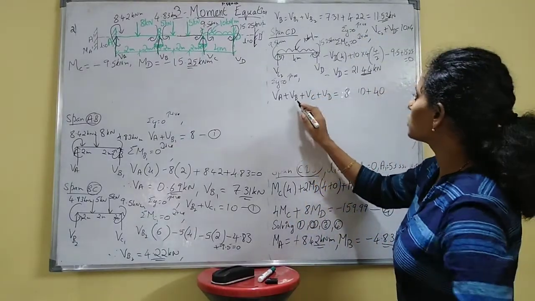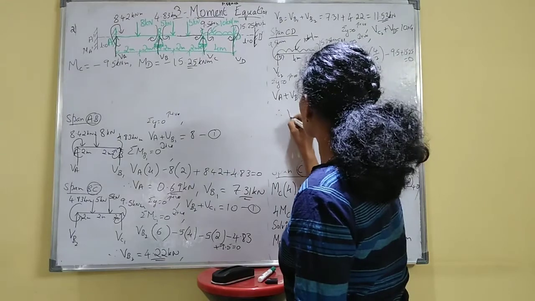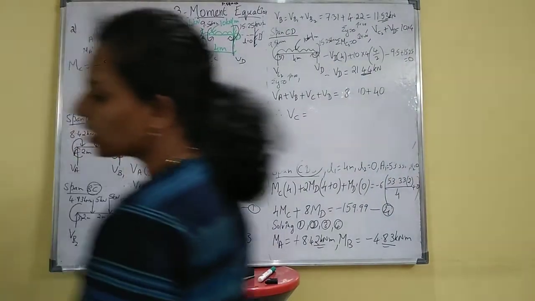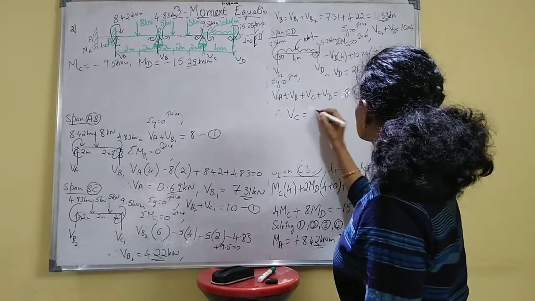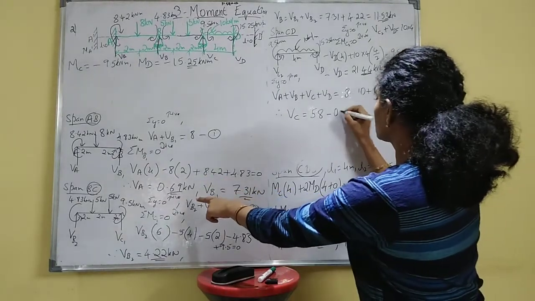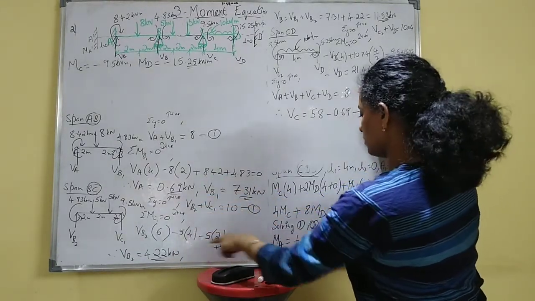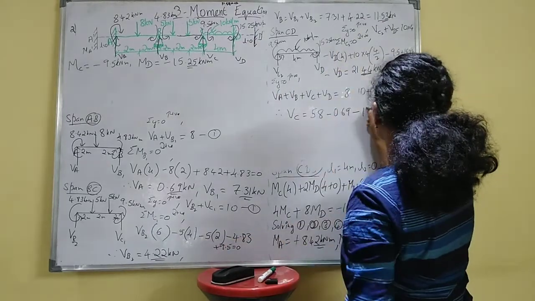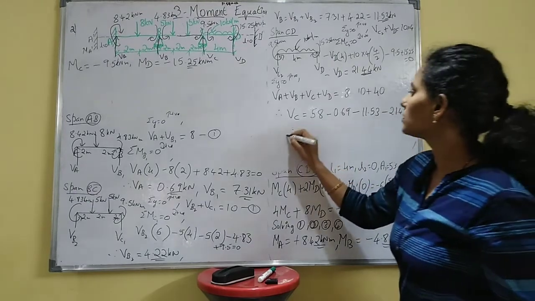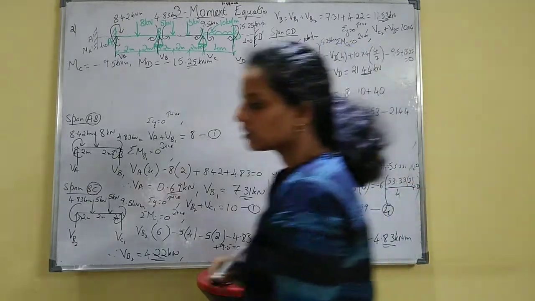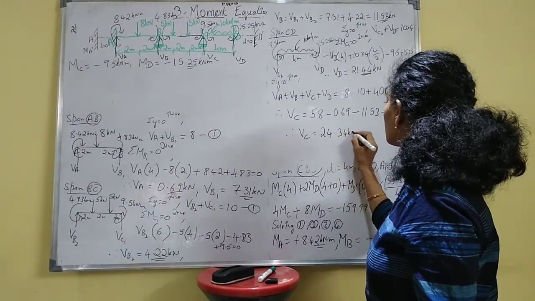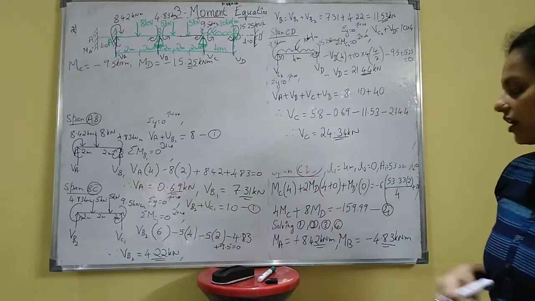So here VA is known, VB is known, VD is known, just substitute and get the value of VC. Total is 58, minus VA 0.69, minus total VB 11.53, minus VD 21.44. Therefore VC is nothing but 24.34. Once this is known, next you can find out shear force.